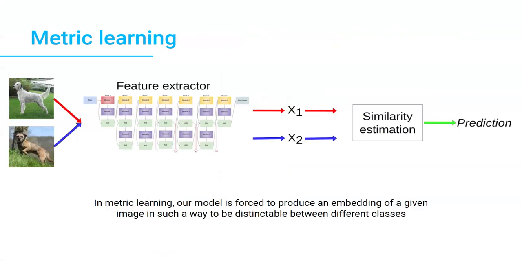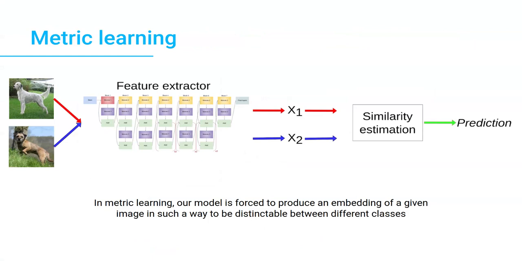So, what about metric learning? It works in a completely different manner. It consists of only one model, one feature extractor, and we expect to train that feature extractor in such a way that having extracted embeddings from two images, we can compare them in some metric space, and if such embeddings are similar in that space, we can assume that the input images were similar as well.